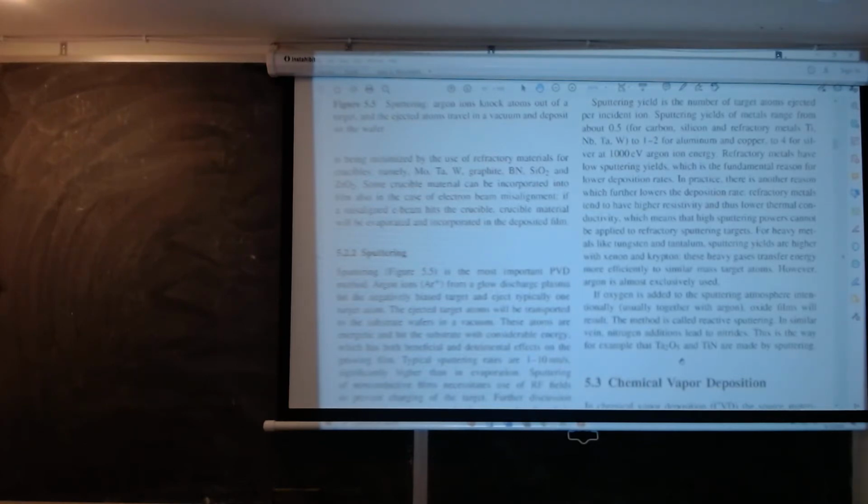And so, for example, it says here that you can deposit molecular structures on the surface.